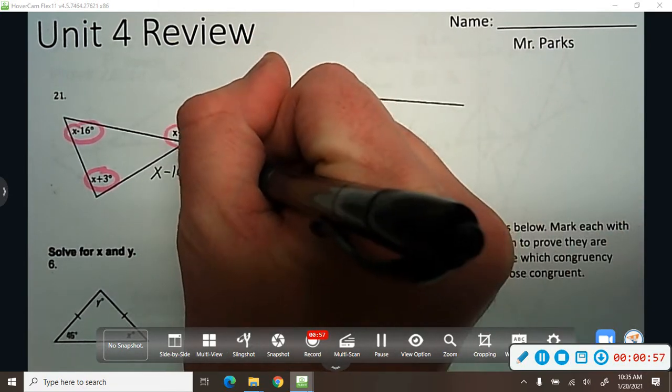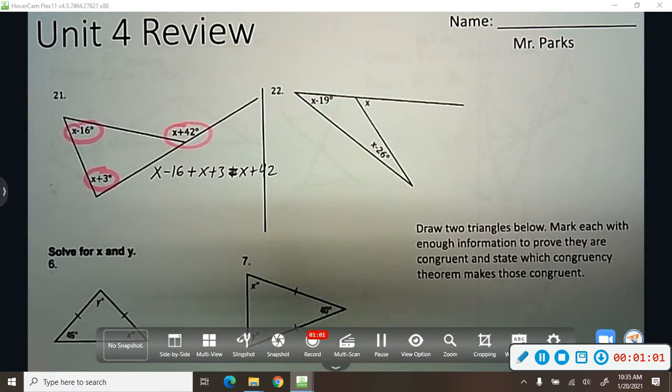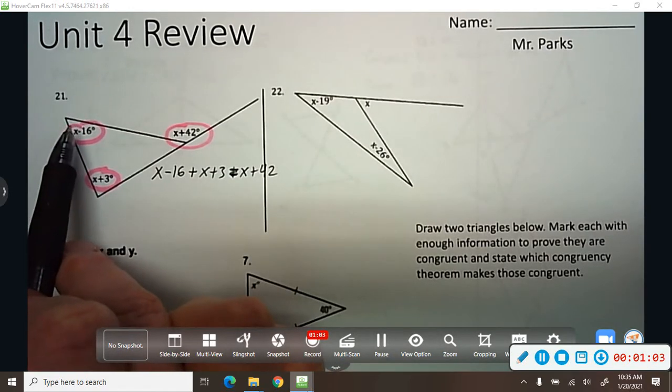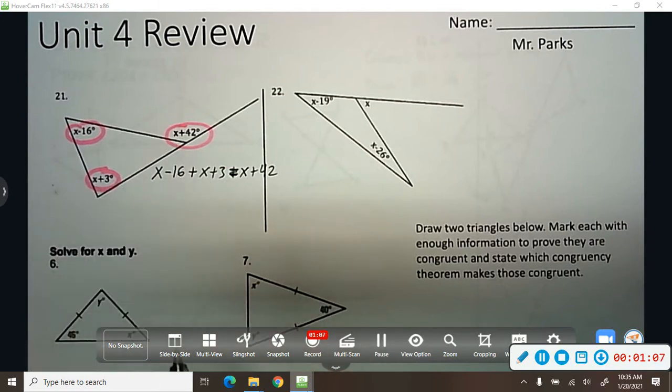Oops, this should be equals. So x minus 16 plus x plus 3 equals x plus 42.